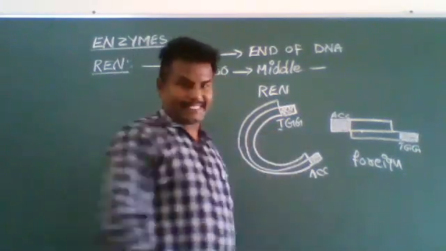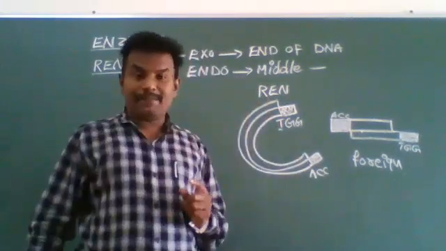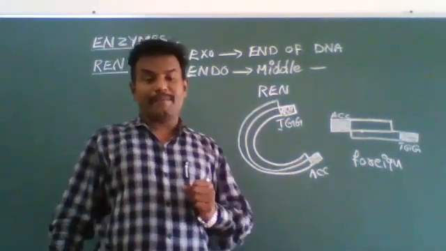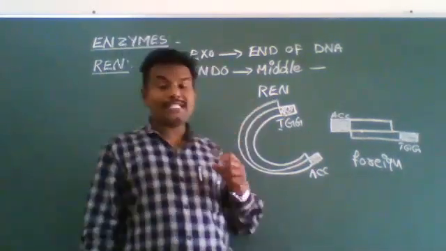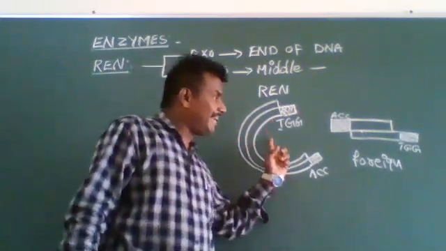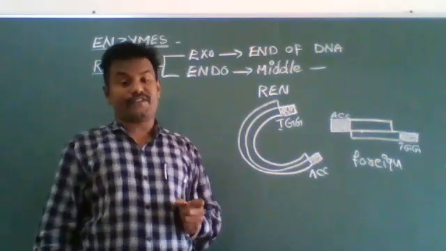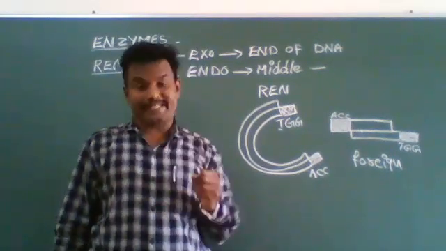So in both cases, restriction endonuclease enzyme can cut the DNA according to complementary base pairing. It can cut plasmid DNA as well as foreign DNA at a specific sequence of nucleotide bases.